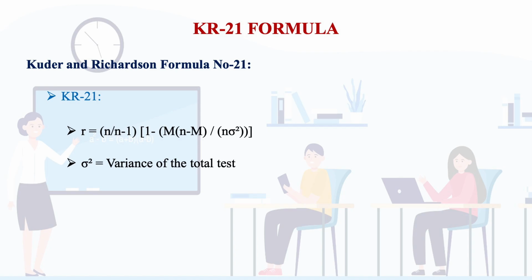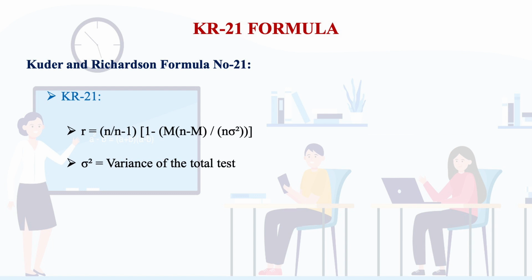N is the number of items in the test and M is the mean of the test score. You have the individual scores, so you have to find out the mean. Only two things, you have to find out the mean and the standard deviation. Then after getting the standard deviation, you can square it and you will get the variance.